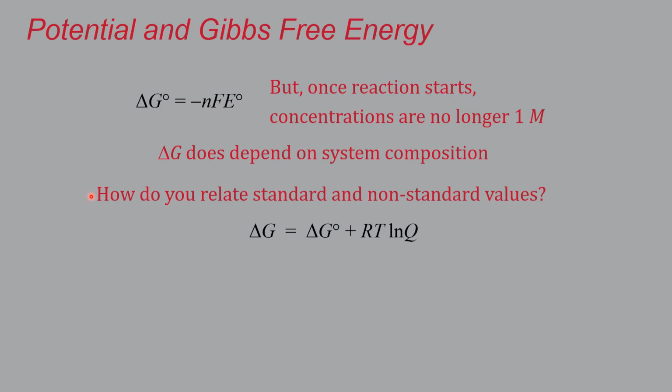You may recall from a previous chapter that the non-standard free energy change for a process is equal to its standard free energy change plus R times T times the natural log of Q. This is the ideal gas constant in joules per mole per Kelvin, T is the absolute temperature, and Q is the reaction quotient, which is where you enter the instantaneous and presumably non-standard concentrations.